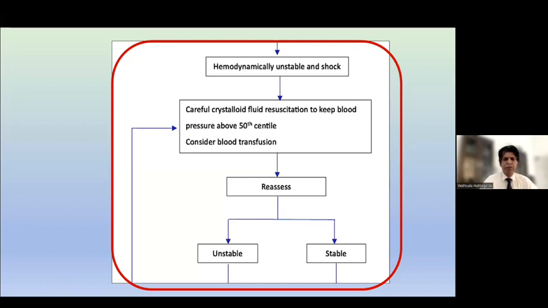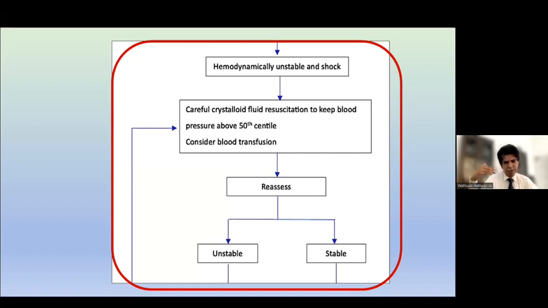You can use one and reassess the situation. You can use the second one and reassess the situation. But if you are going for a third one, you need to rethink what you are doing and whether you need ICU support with intubation, because you are nearly replacing the whole blood volume of a child.